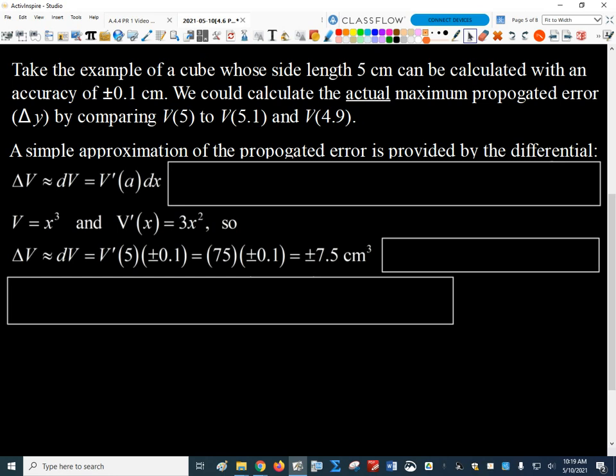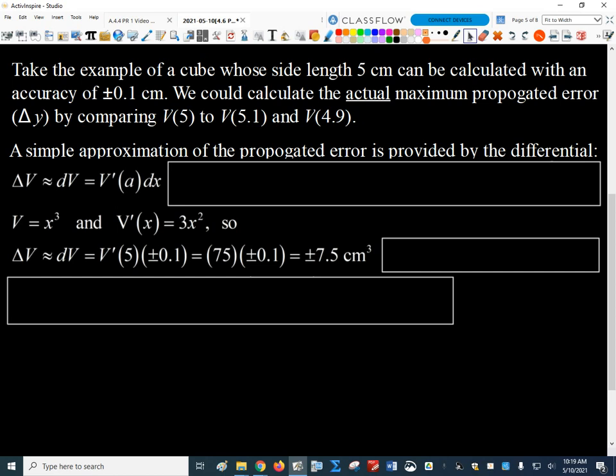So when we plug that stuff in, if V of x is x cubed, then V prime of x is just 3x squared. That's easy to calculate, right? So we're going to get V prime of 5. That's just 3 times 5 squared. 5 squared is 25. That's 75. Times dx, which becomes plus or minus 0.1.